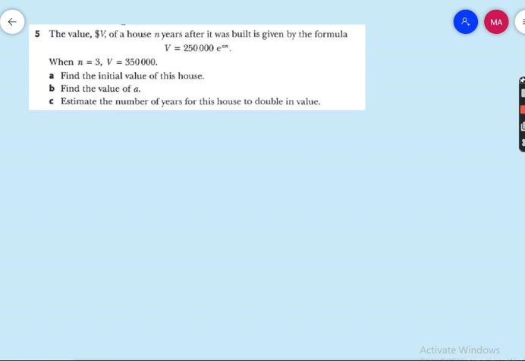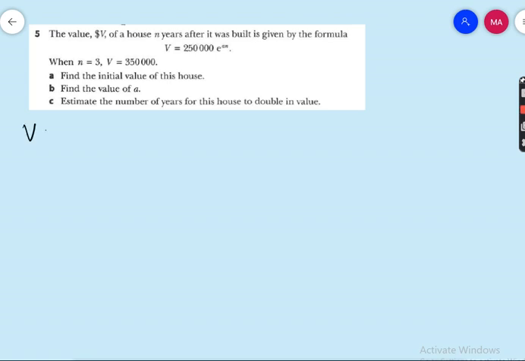The value $V of a house n years after it was built is given by the formula. Now you are seeing the uses of logarithm in economics.